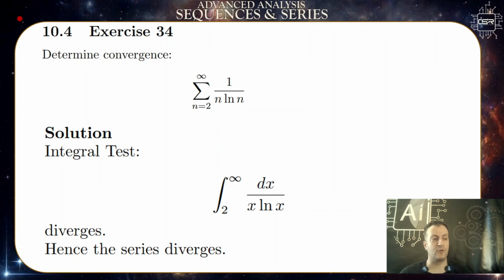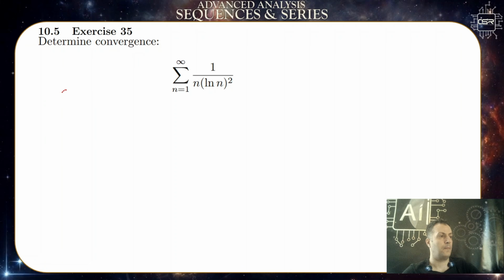Again, another reminder is that we can use the integral test to check the convergence of a series. So here we check the integral from 2 up to infinity of dx divided by x ln x, and it diverges, hence the series diverges. A similar example, sigma n equals 1 to infinity of 1 divided by n times ln n squared.